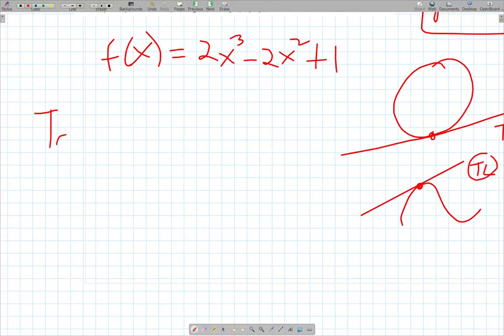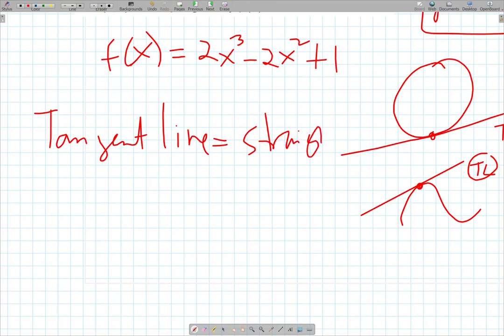The tangent line is the same as a straight line. It's the same, except that our tangent line intersects the curve at only one point. That is what a tangent line means. But it is just the same as a straight line. So we are looking for the equation of the tangent line.